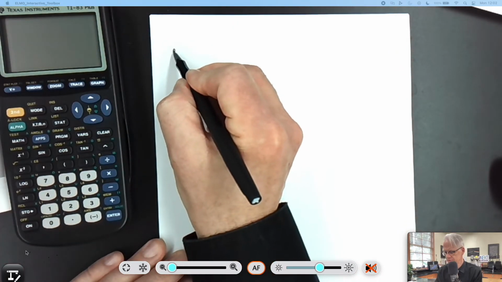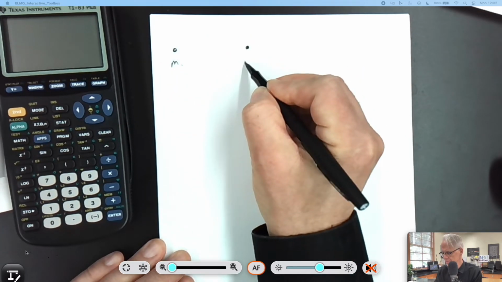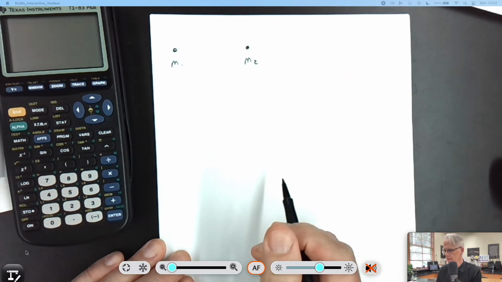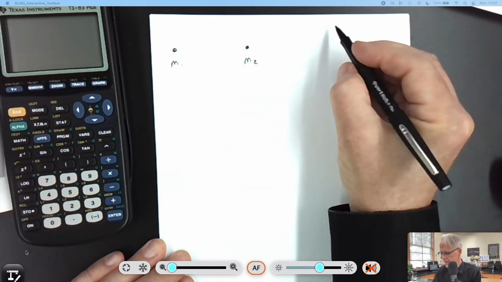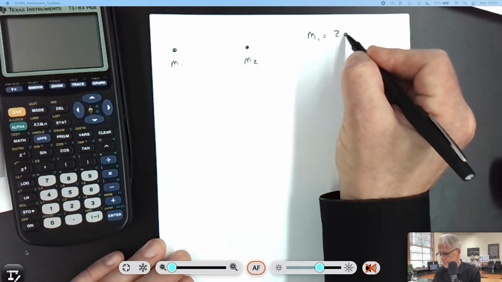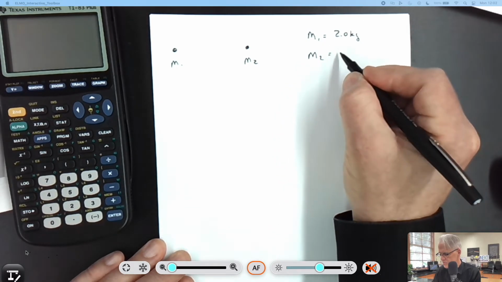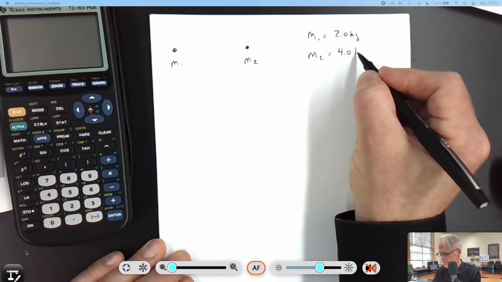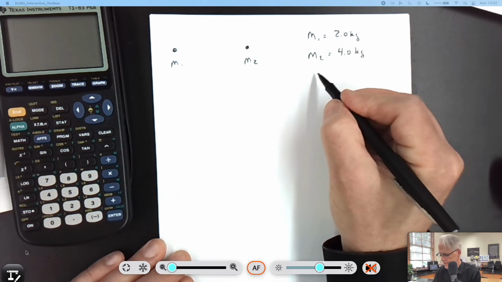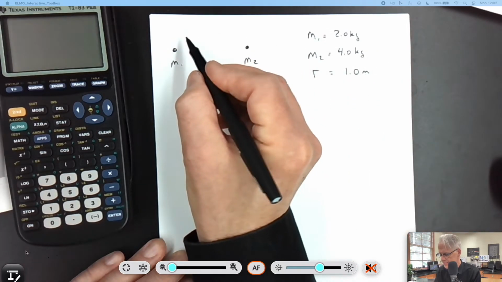Let's say we have two masses, m1 and another one, m2, and let's say m1 is 2 kilograms, and m2 is 4 kilograms. Let's put them a distance of 1 meter apart.